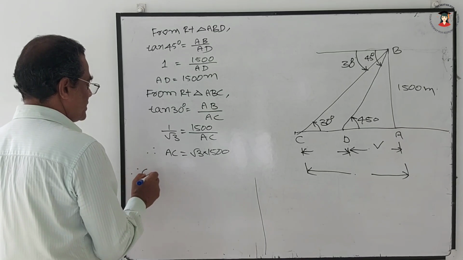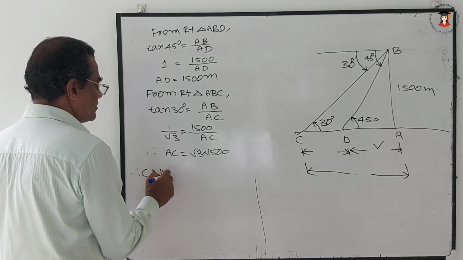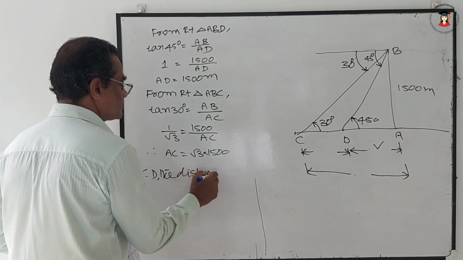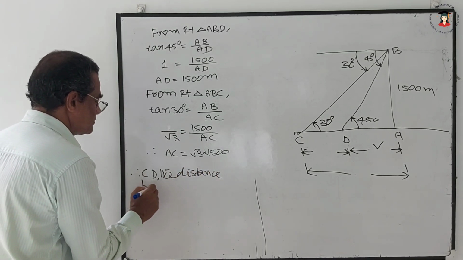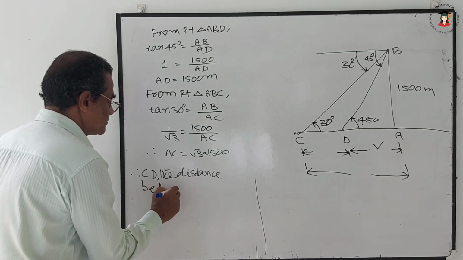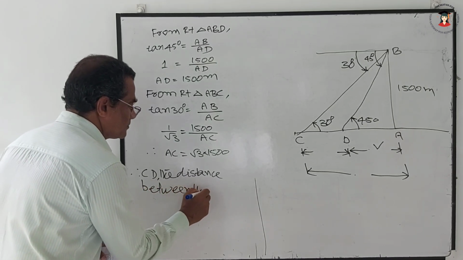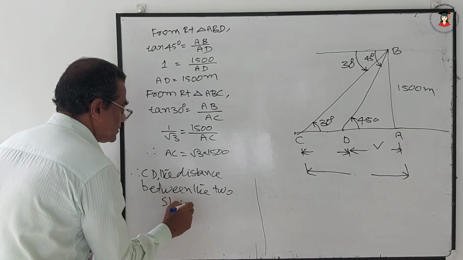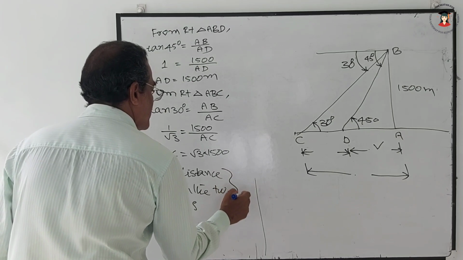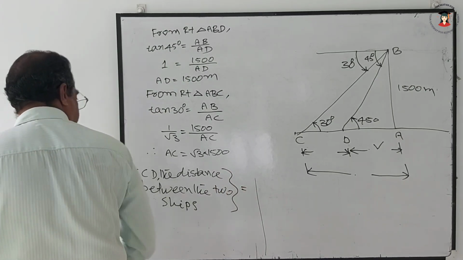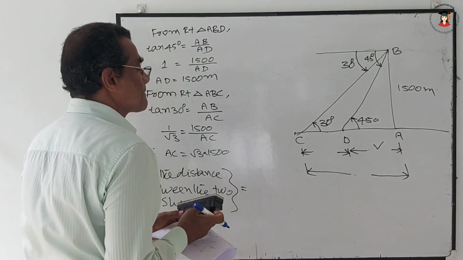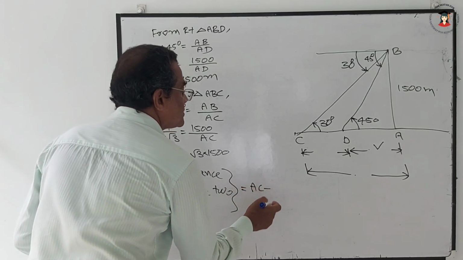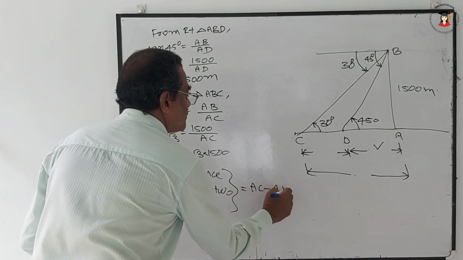Therefore, CD, the distance between the two ships, equals AC minus AD.